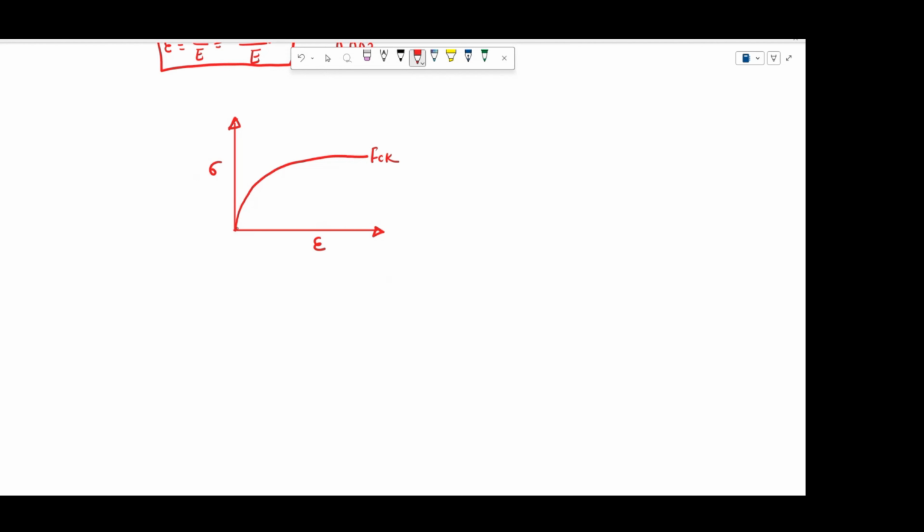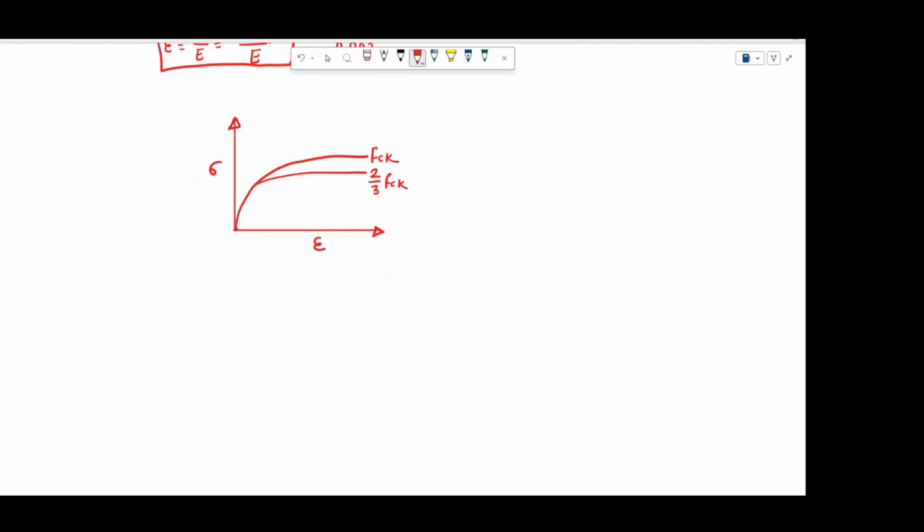Because of the uncertainties, there might be a reduction in the strength of the concrete. Let's say you have tested 100 cubes. From those 100 cubes, you will not get the exact strength of fck for all the cubes. So in order to take that uncertainty into account, in this curve we take only two-third portion of fck into the picture.